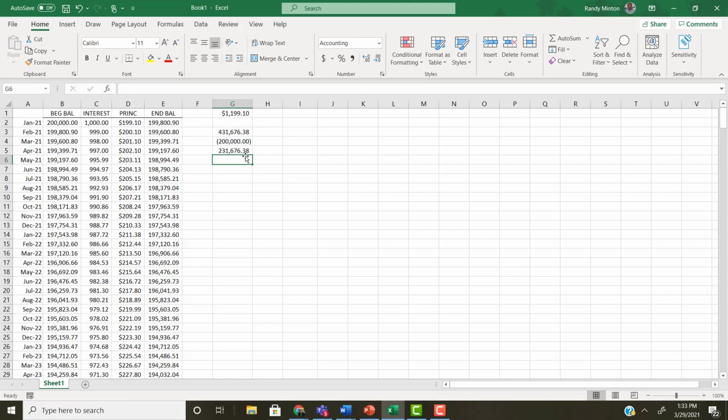Now, let's think about this for a second. What would happen if I were able to pay this off in, call it 25 years, instead of 30 years? So that would make it 300 payments, not 360 payments.